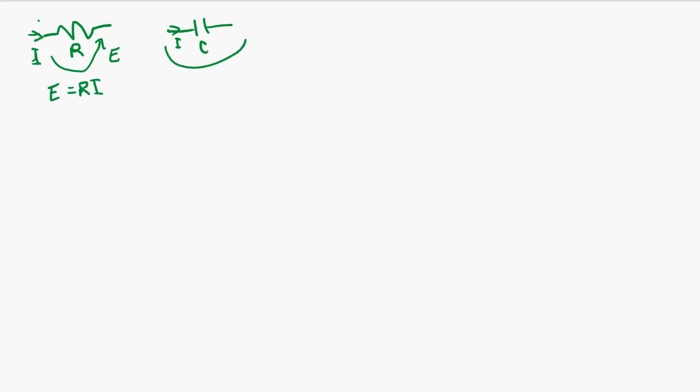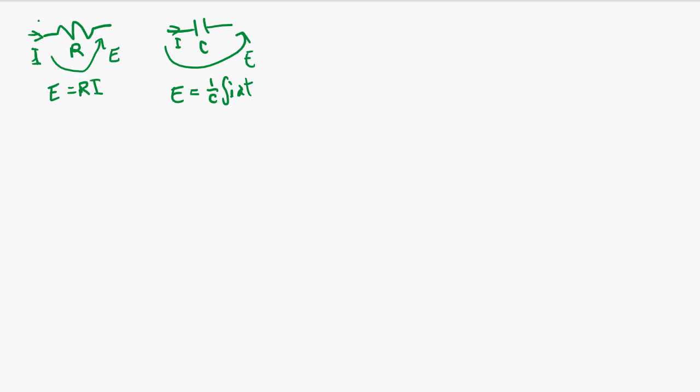Okay, let's summarize here. We have a resistor R, and the relationship between current and voltage is E equals Ri regardless of the frequency. And now we have another linear element, this is C, and the relationship between I and voltage is I = C dE/dt.